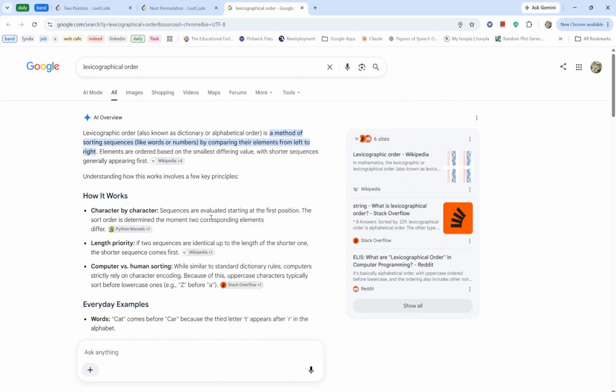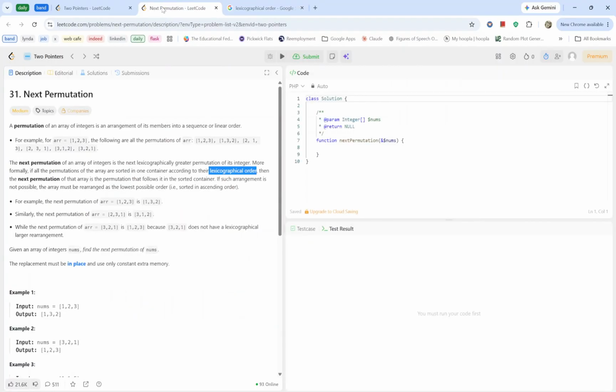Because of this, uppercase characters typically sort before lowercase ones. I'm still a lot confused here. Following are all permutations: 1, 2, 3; 1, 3, 2; 2, 1, 3. Okay.